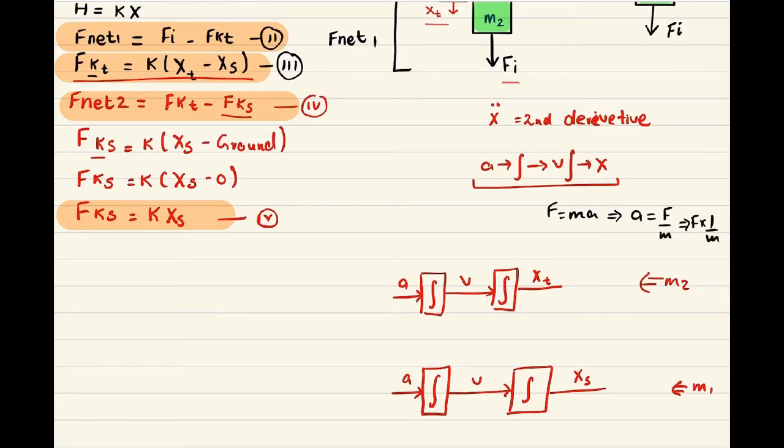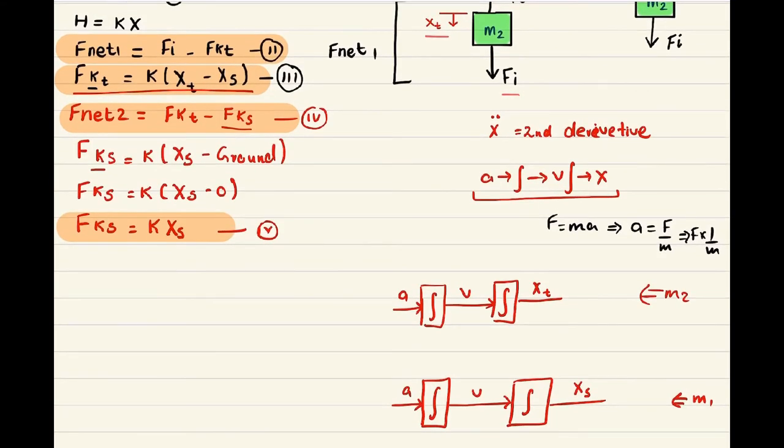So because we are using this a here, which is for m2, we are going to multiply by 1 over m2, and that will be multiplied by F, which is actually our Fnet1.